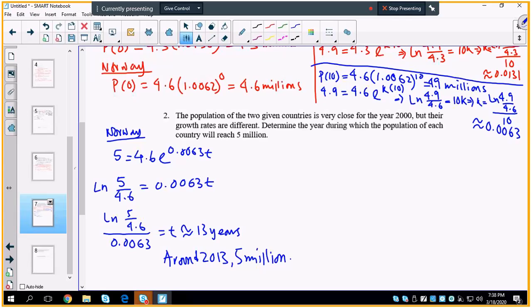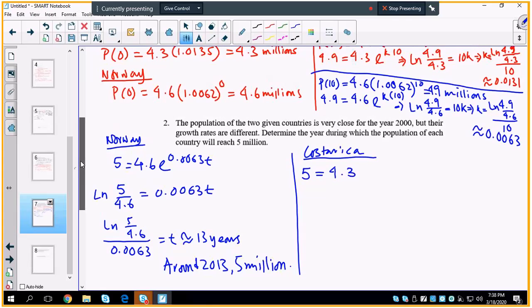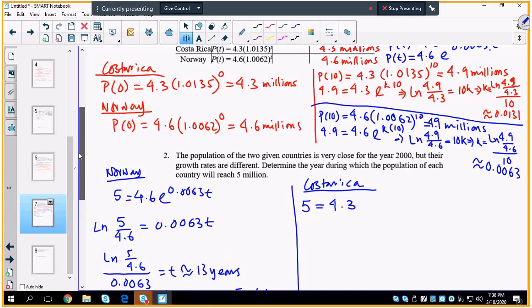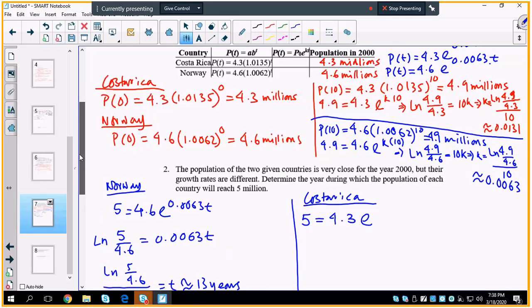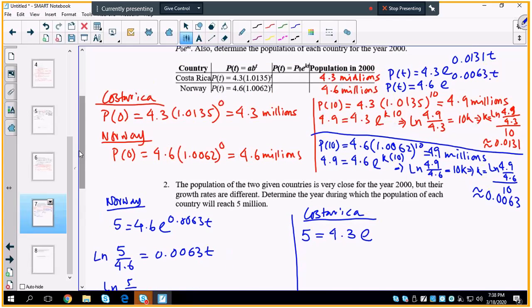Let's do the similar work for Costa Rica now. For Costa Rica, we will have the equation. So I want 5 million, but it started at 4.3 million. And if I look at the population model, this is e to the power 0.0131t. And I do the same treatment.